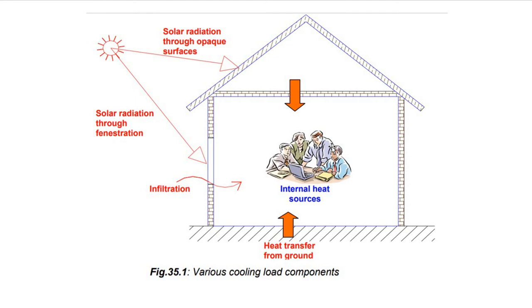Then the next one is latent heat load. Latent heat load means, suppose this is an air conditioned room. There are a lot of occupants there. So what happens is, after some time the moisture content inside this room will increase. How is the moisture content increasing? Because the occupants are inhaling and exhaling air.